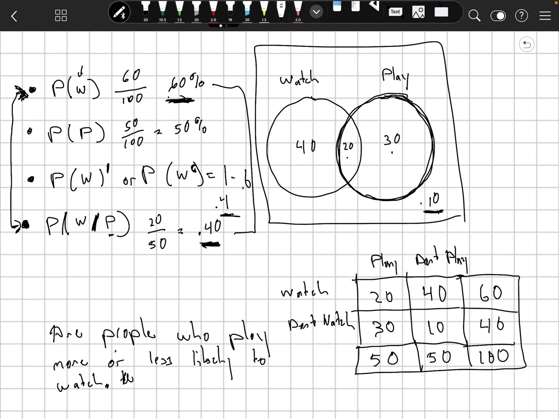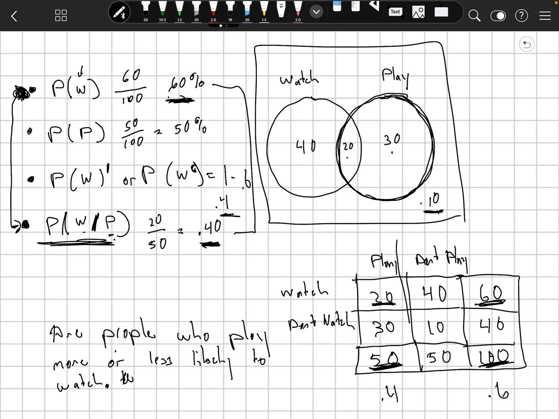Okay, so let's take a look at the probability of watching. That's going to be 60 out of 100. And then down here, the probability of watching given that you play. So out of all the people that play, who watches? That's going to be 20 out of 50. So these are what we're comparing, the 0.6 to the 20 out of 50, that's 0.4.